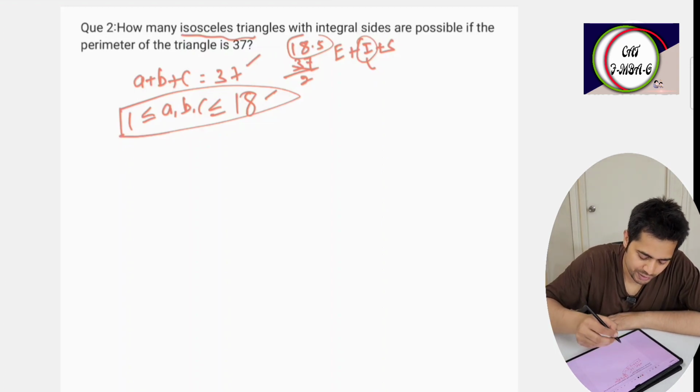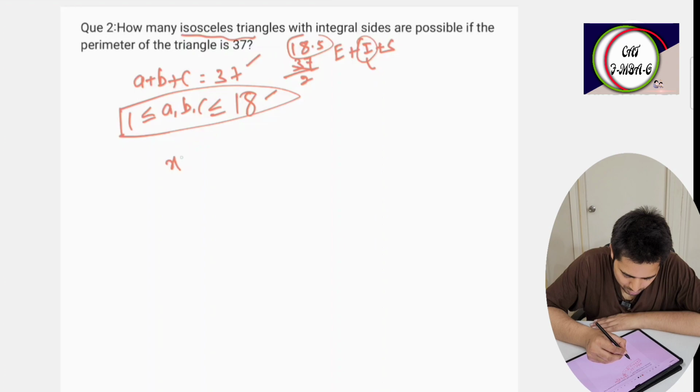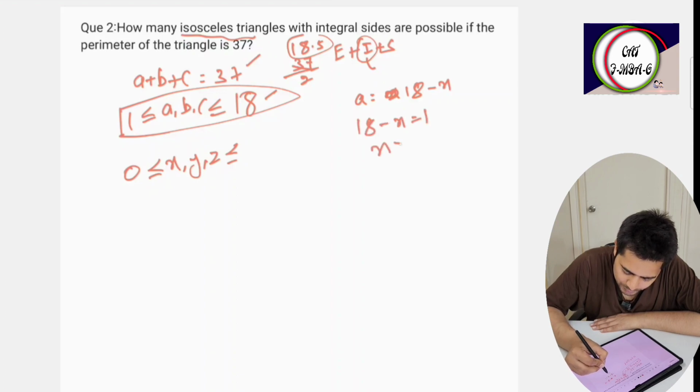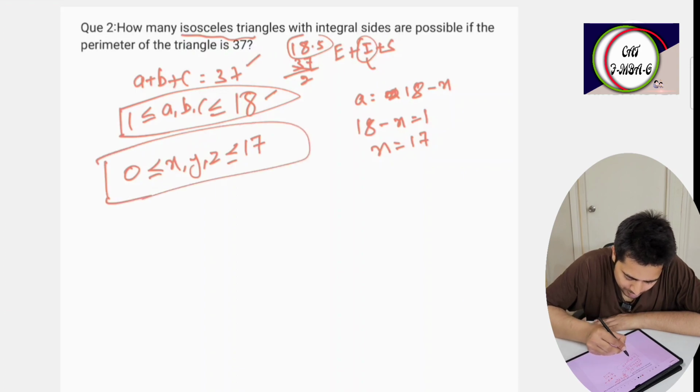So we will use X, Y and Z, which will be 0 or more, and A is equal to 18 minus X. So 18 minus x is equal to 1, so x is equal to 17. And we have to put here x, y, z.